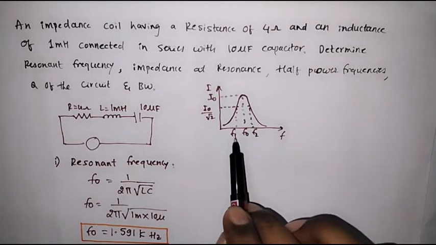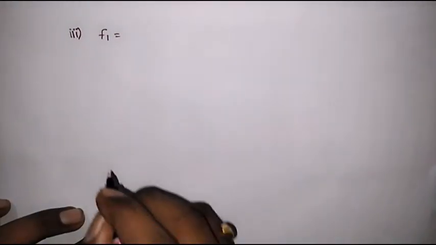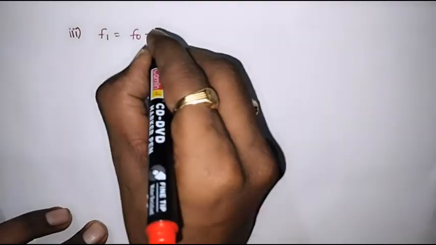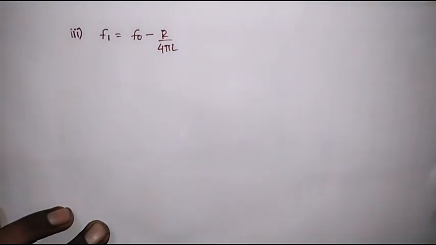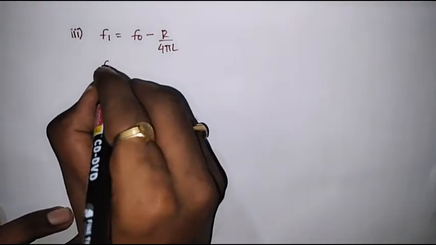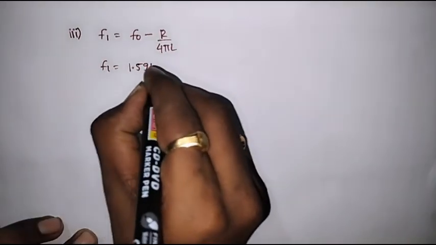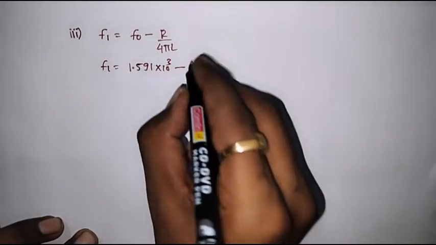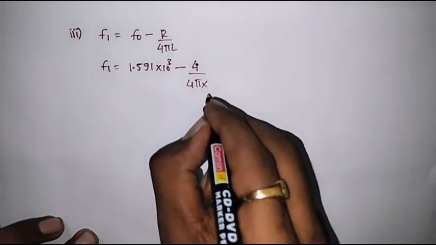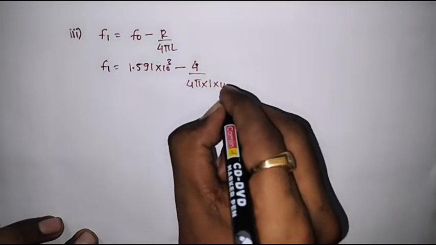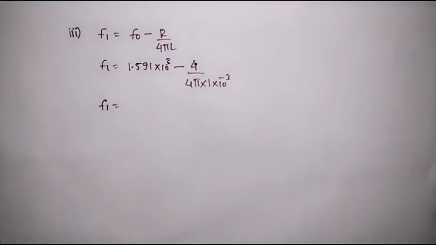Now let us find F1 and F2. The lower cutoff frequency, or F1, is given by F0 minus R divided by 4 pi into L. Therefore F1 is equal to 1.591 kilo minus R value is 4 divided by 4 pi into L value is 1 millihenry. So we'll solve this.